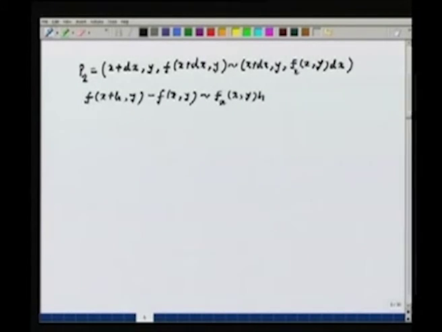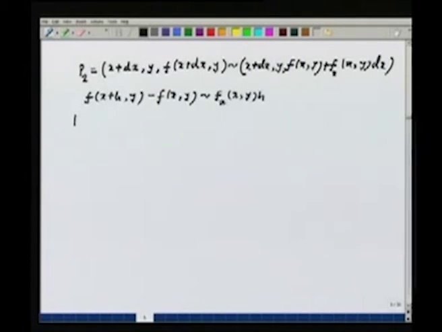So I am using the linearization of the curve. Now if I use this, then I can actually write that P2 is (x plus dx, y, f(x,y) plus fx(x,y) dx).